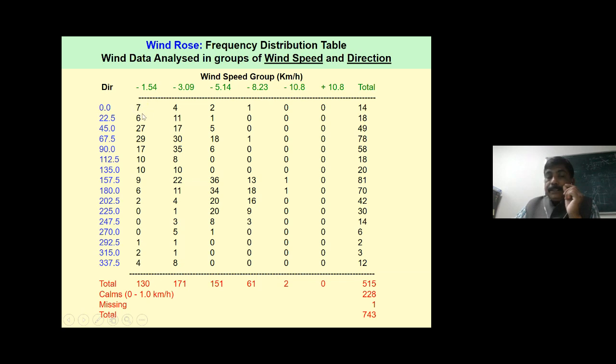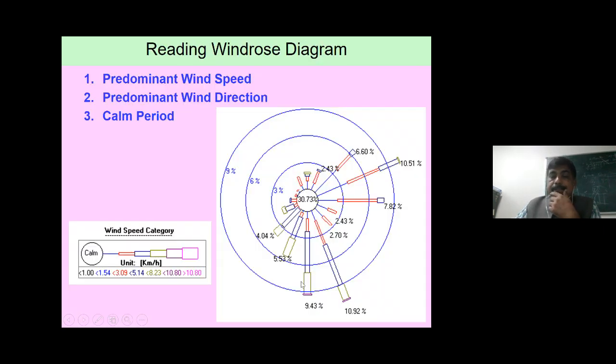That is why this 7. So this is how the entire table is filled. If you make the frequency table, all numbers at the end here will add up to 100. From here we plot this Windrose diagram. So I think now you have got a clue what a Windrose diagram is and why it is plotted.